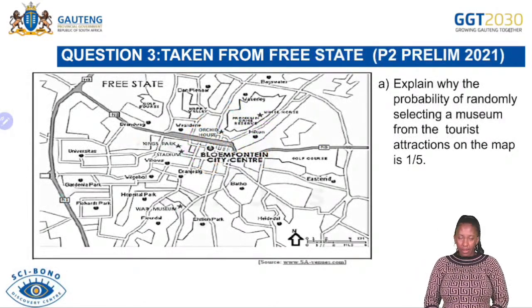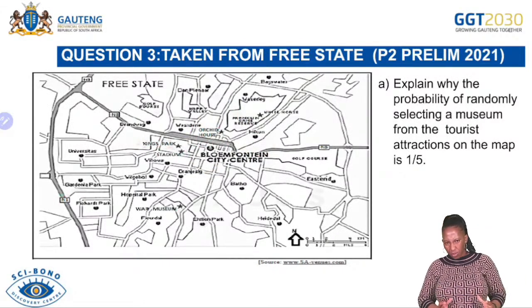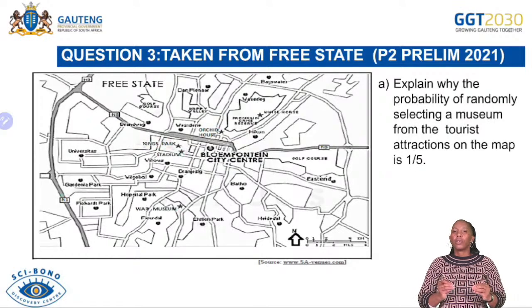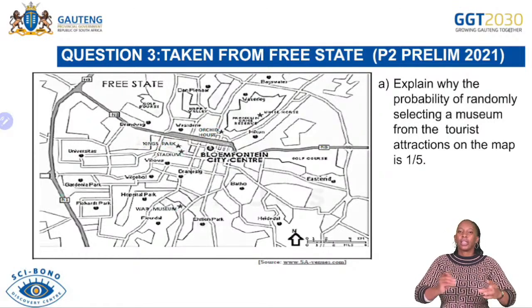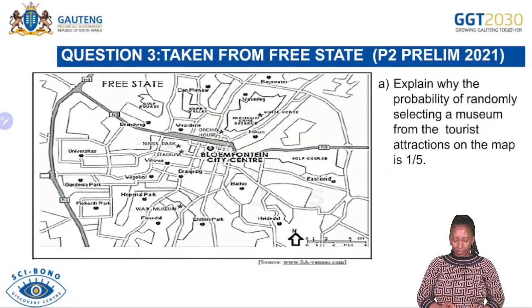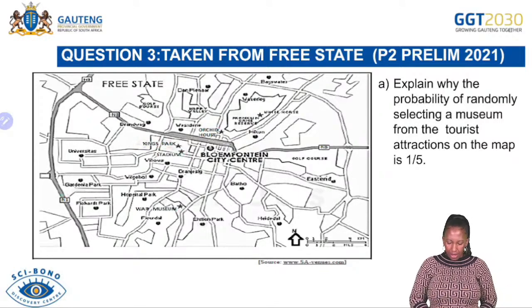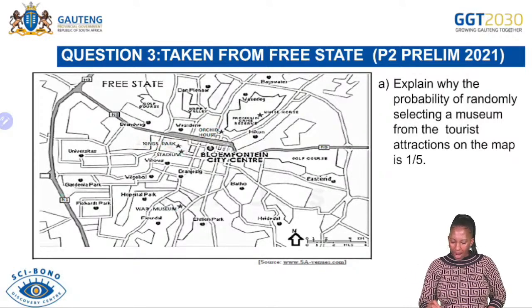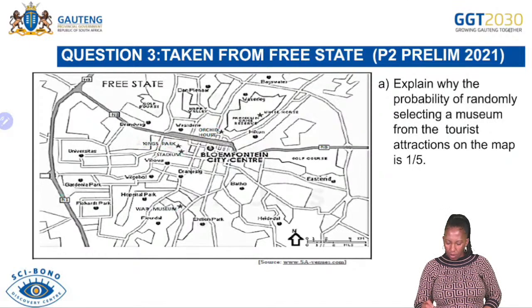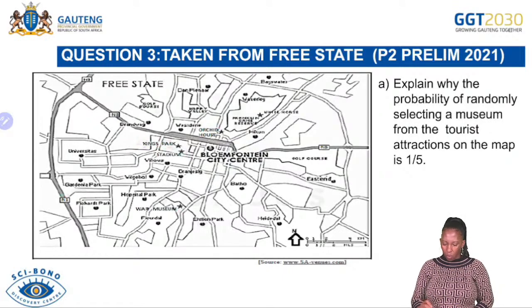Looking at this one, boys and girls, as you can see, I've started with the popcorns. That means you'll be given a scenario, or the probability question will come out of the question that you'll be answering. Now looking at this one, it's a map. And on our map there, they say explain why the probability of randomly selecting a museum from the tourist attraction on the map is 1/5.